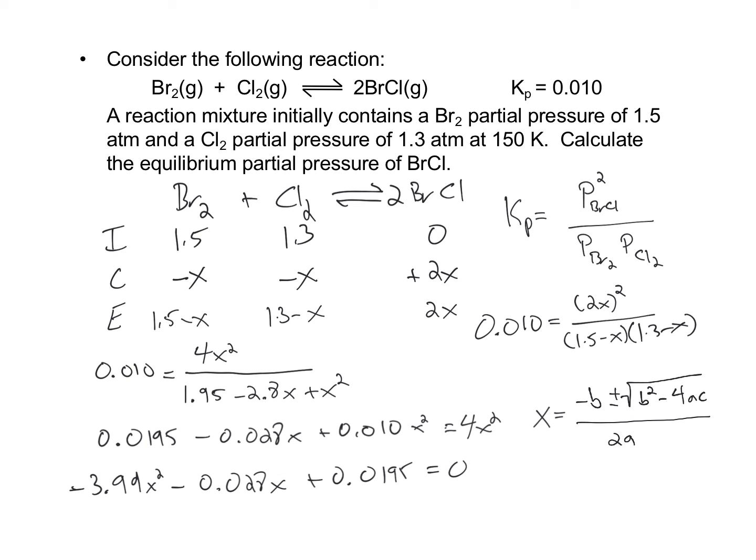Right, where the a, b, and c are the coefficients from our polynomial, where a is the coefficient in front of x squared, b is the coefficient in front of x, and c is the coefficient in front of the x to the 0.